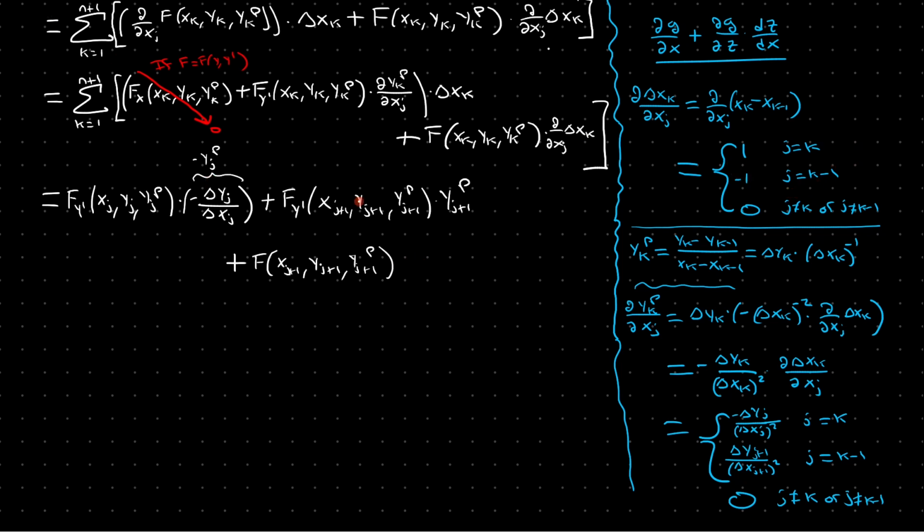So this value is negative, so times negative 1. This derivative here is negative when j equals k plus 1, and then plus f of xj, yj, yjp times positive 1 when j equals k.